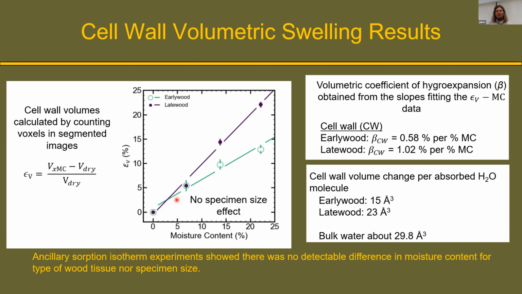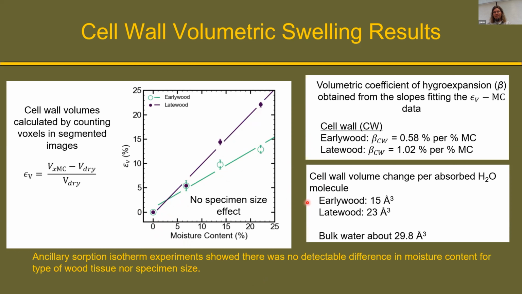But what we do see a difference with is early wood versus late wood. Early wood, the less dense wood, swelled less than the late wood for the cell wall material itself. And we're able to quantify this by just fitting these to straight lines. And you can see that early wood actually swelled about 40% less than the late wood.